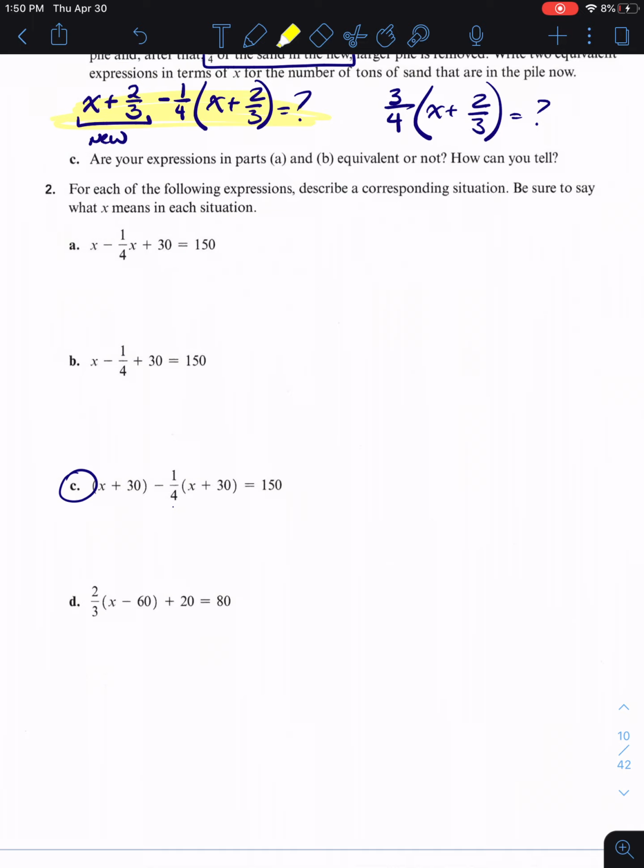Let's see if we have an actual scenario we can come up with. Let's say we're going to start with X tons of sand, and then we're going to remove a quarter X. So what is that going to be?